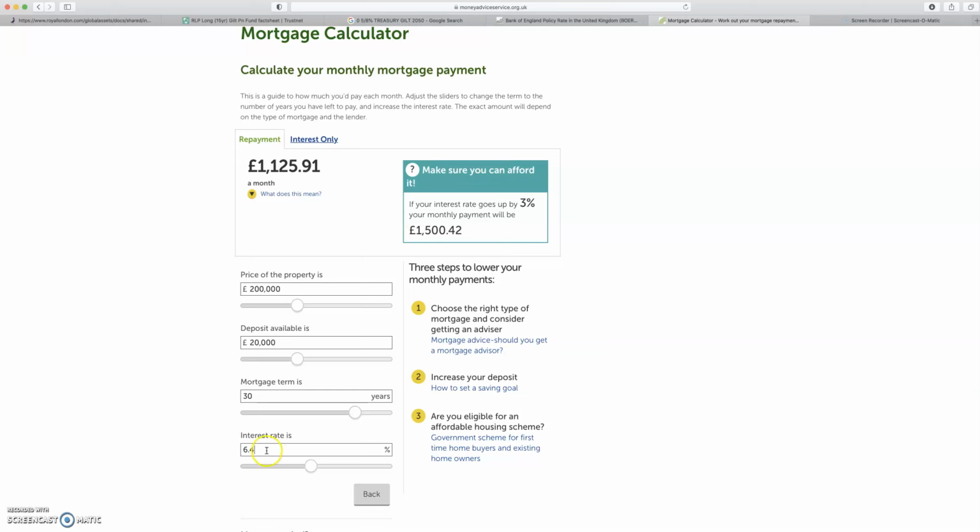Now, in that scenario, look here as this changes. Again, we'll go back to 3.5. So if there's a change, at the moment in this example, you're paying just over £800 a month, right? If the minimum lending rate moved up just to 3%, you're going from £800 a month to a good bit over £1,100 a month, right?